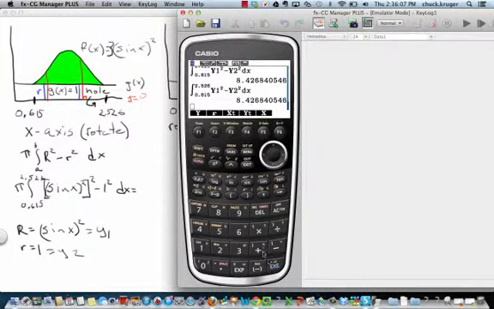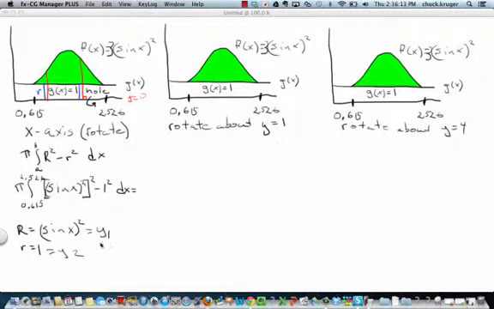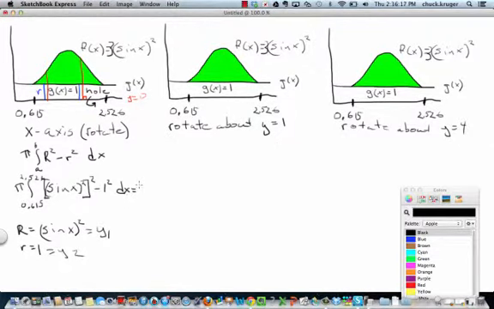So when I integrate that, there's that 8.427. Alright. 8.427.